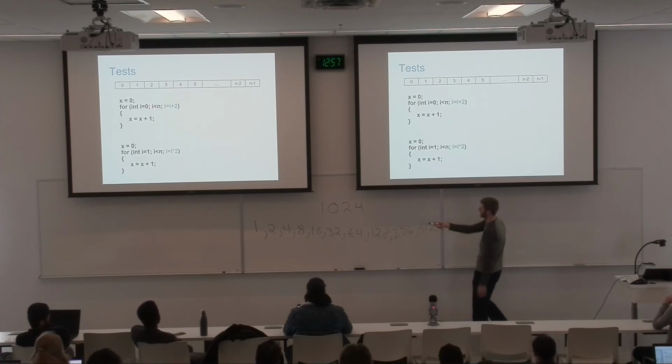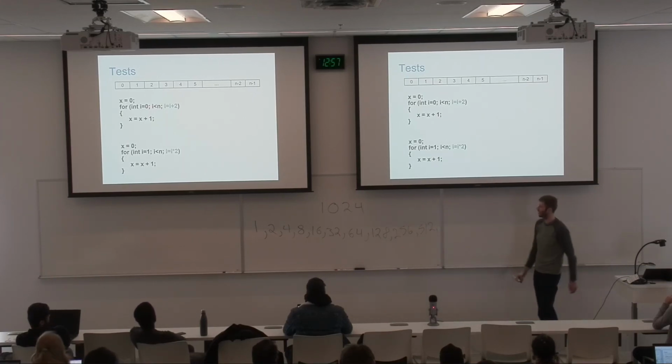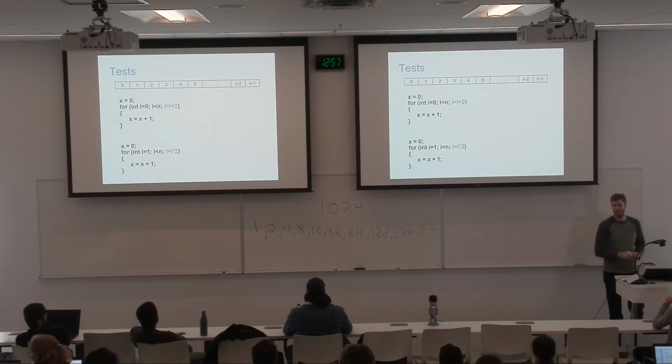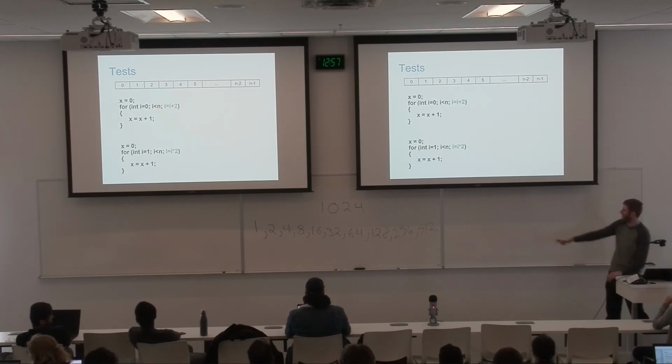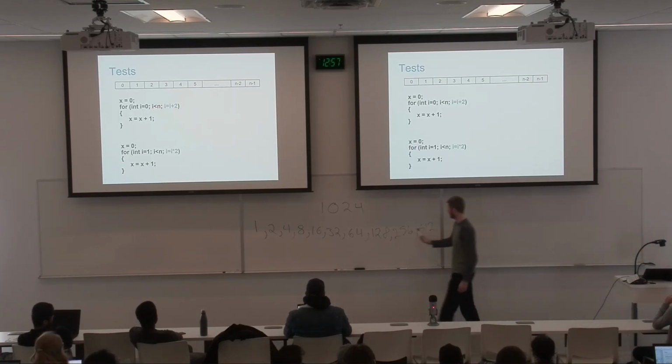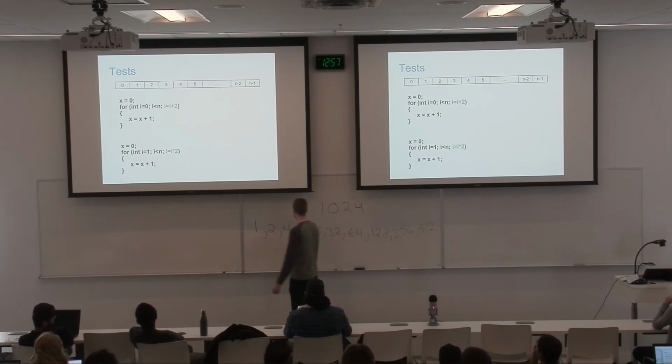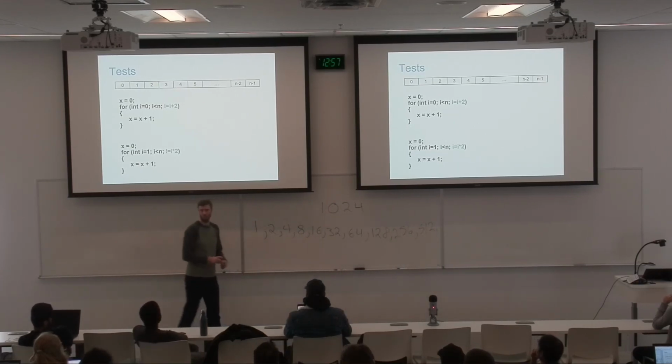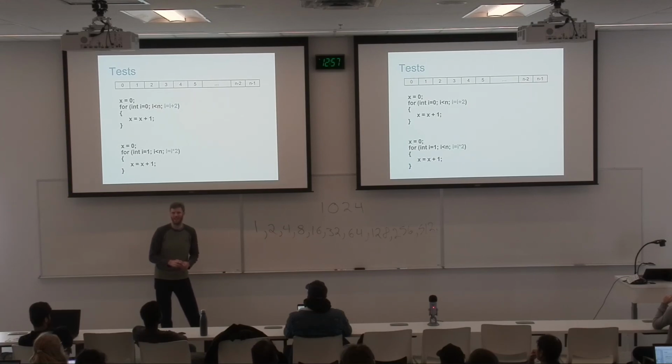Well, I guess we don't do 1024 in our case. How many times did that run? 1, 2, 3, 4, 5, 6, 7, 8, 9, 10 times. It only ran 10 times.